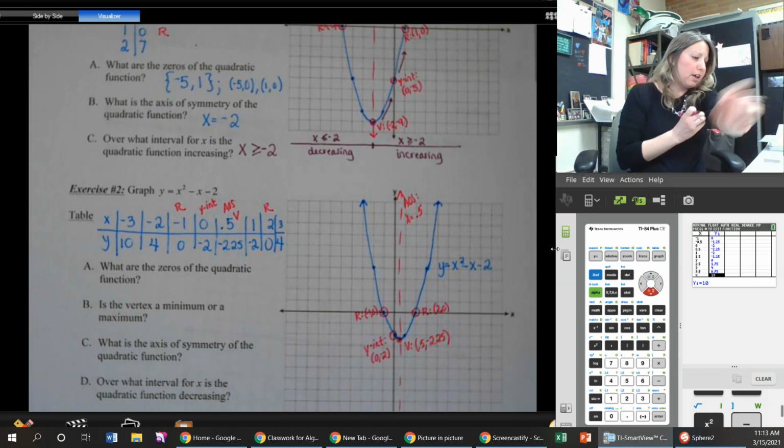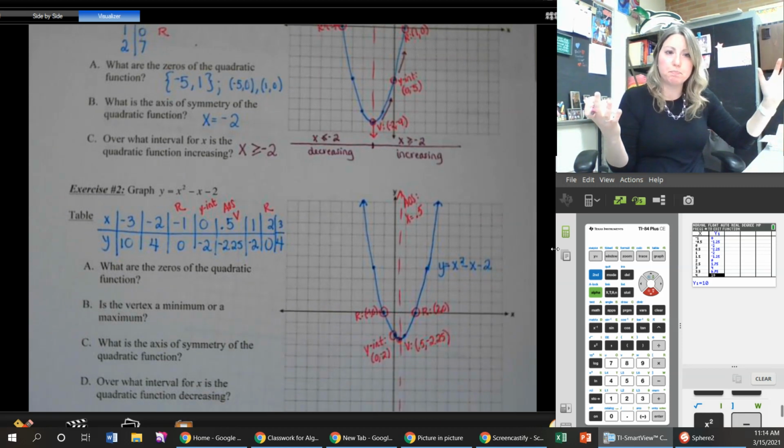That's my vertex, and I got it all. Awesome.